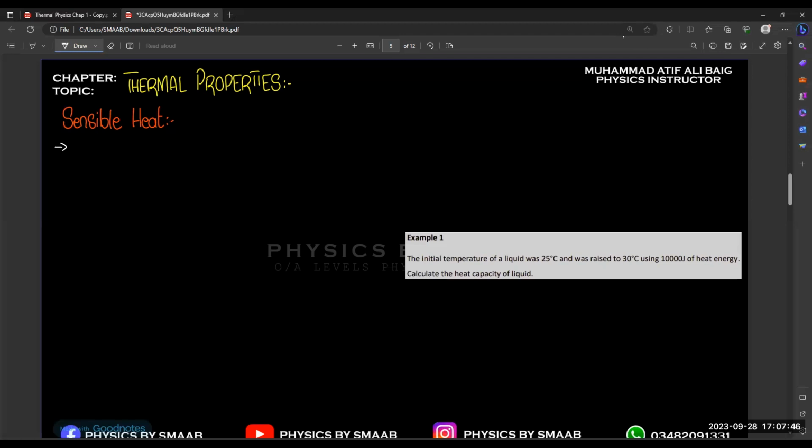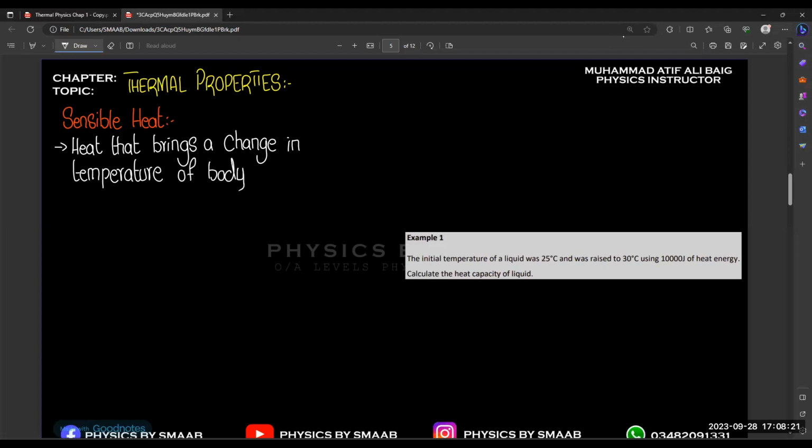Or if you want to write a definition of sensible heat, we can say that it is heat that brings a change in temperature of a body.